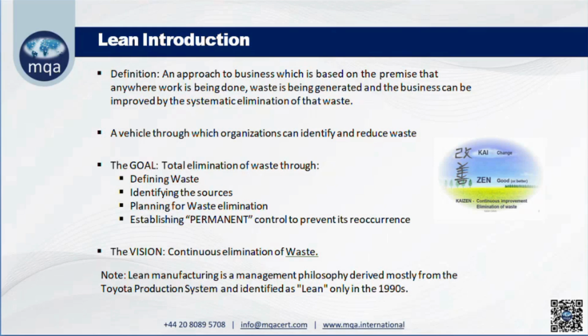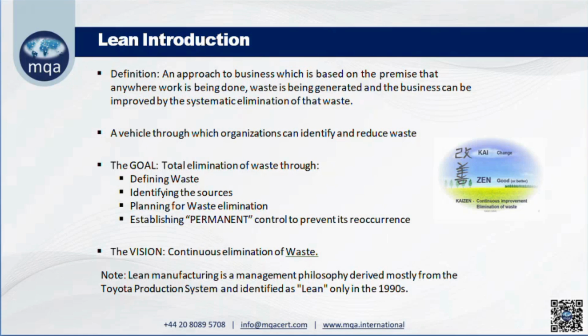So when we talk about lean, we say we should identify and reduce the waste. First define what is waste, then identify the sources of waste, then plan for their elimination, and then establish permanent control so that it does not happen again. It is like the difference between correction and corrective action. When there is a defect, we correct it.